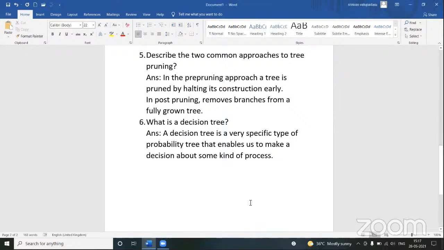Next question. What do you mean by concept hierarchies?